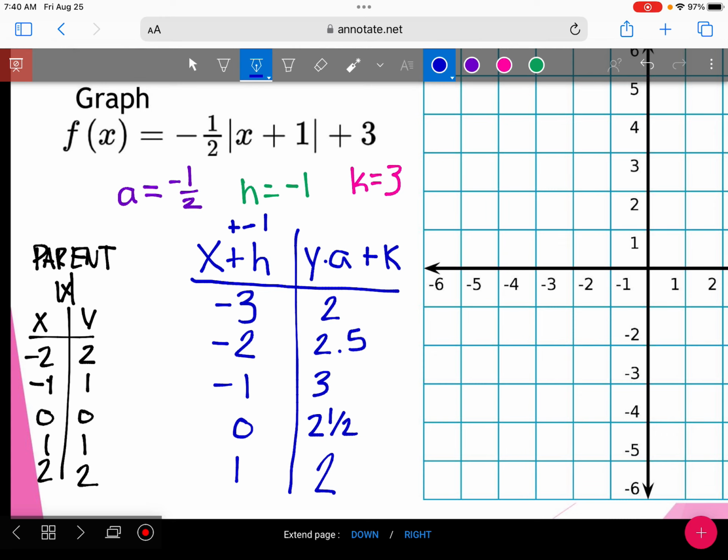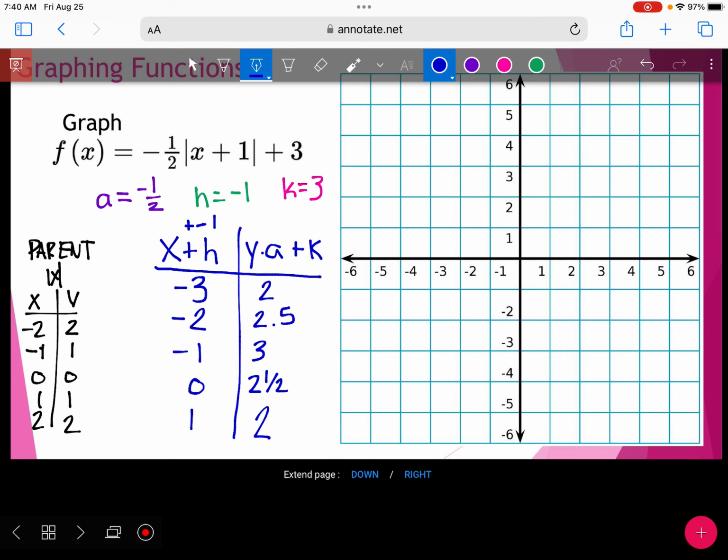Okay? So it gives us our points to plot, even if they're fractiony or decimally. This is easy to type in our calculators. This is significantly less easy to type in our calculators because calculators don't know how to absolute value. But this they know how to do. So we're going to plot our points. Negative 3, 2. Negative 2, 2.5, and we're estimating.